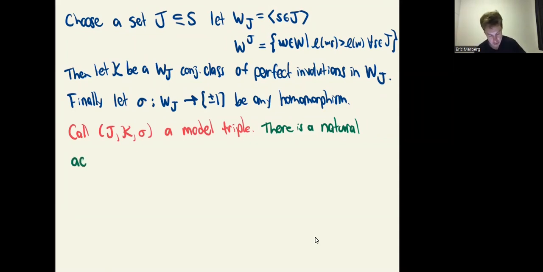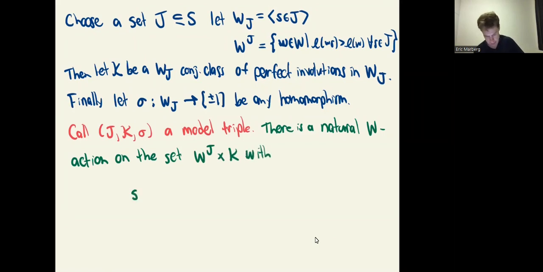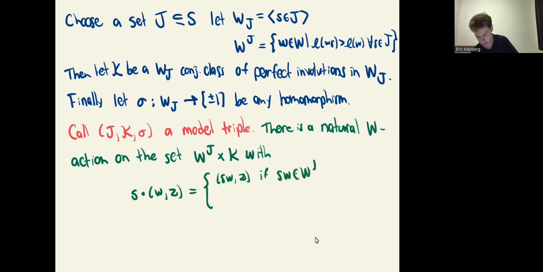So there is a natural W action on the set that's just the direct product W^J cross K. And the action is, if you take a simple generator s and you act on wz, this gives you either swz if sw is in W^J, or it gives you wtzt if t, which we define to be w inverse sw, is in J. Okay, and it's a basic exercise about distinguished coset representatives that these two cases are mutually exclusive.